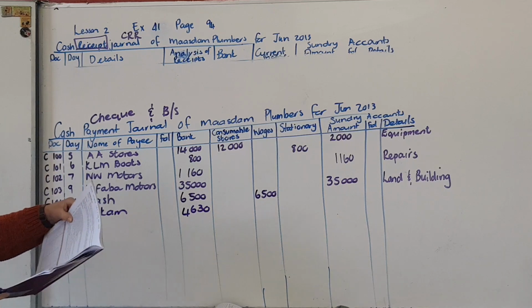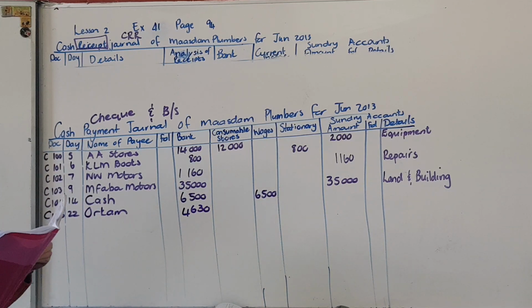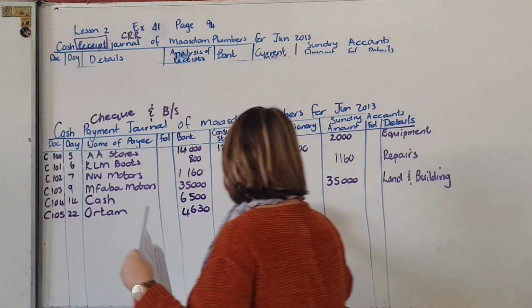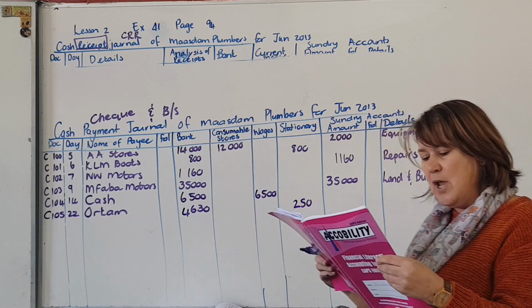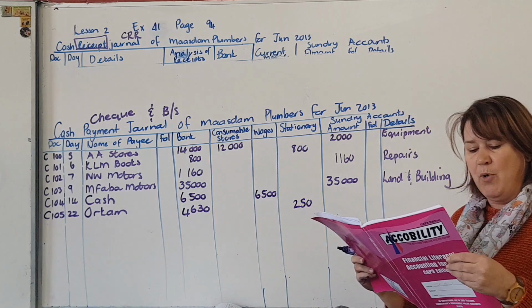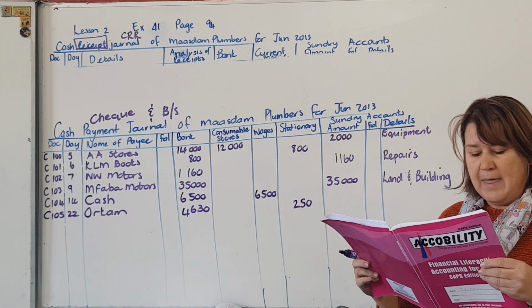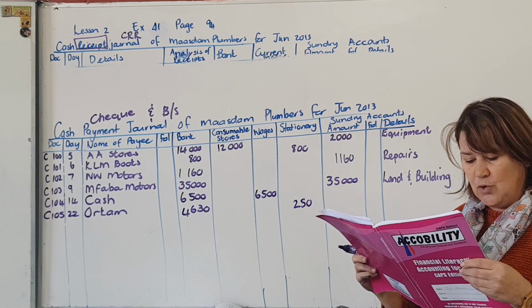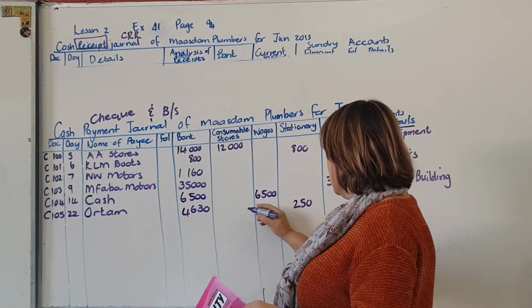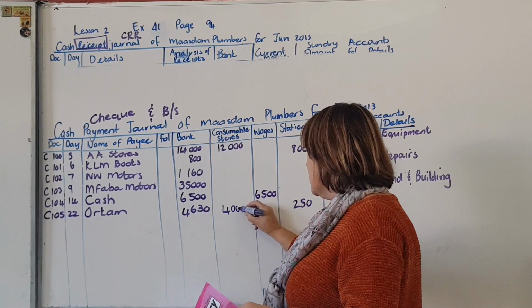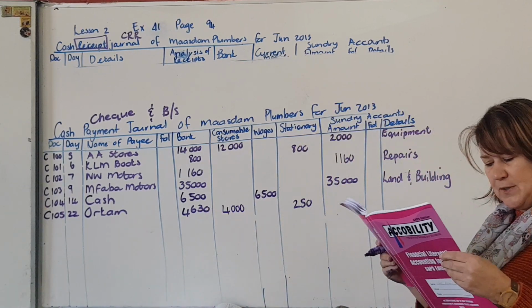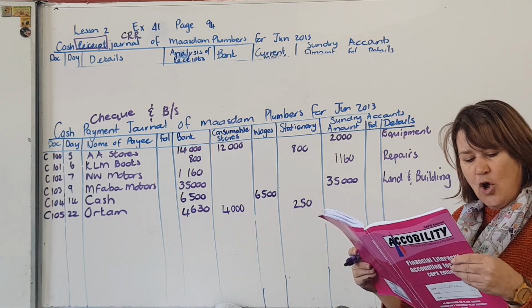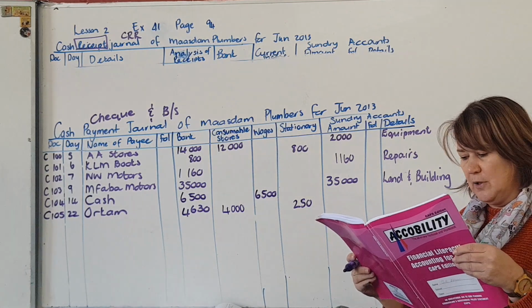Issue a check of 4630. But now they say this was for stationery. Do we have a stationery column? Yes. And the amount of the stationery that we've purchased from them was 250. And the consumable stores 4,000. Okay, 4,000. Can you see there's a difference there, because they said the rest was for the owner's personal use.